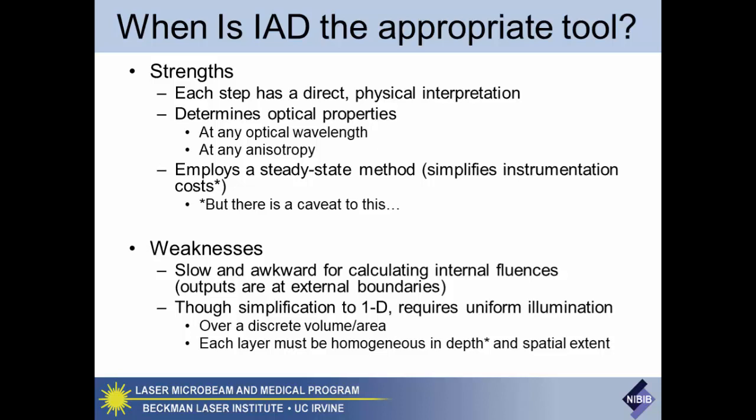So again, in terms of calculating internal fluence, since you can double every single time with the adding-doubling method, the reason the internal part is really slow and awkward is that you have to set up arbitrary boundaries at discrete points, calculate it, and then you can calculate it all the way through. So it's not a very effective way, but it is possible since you can parse every subvolume from there.